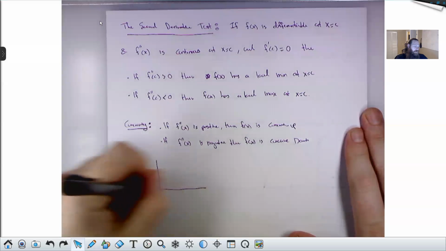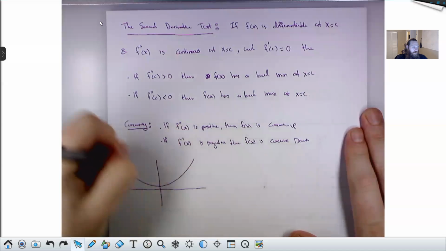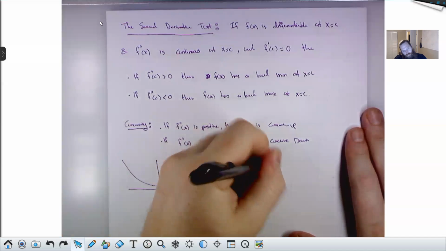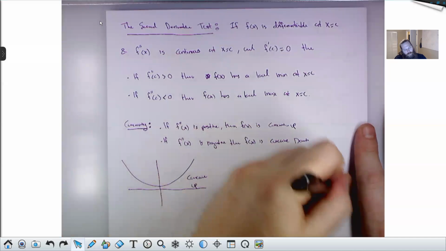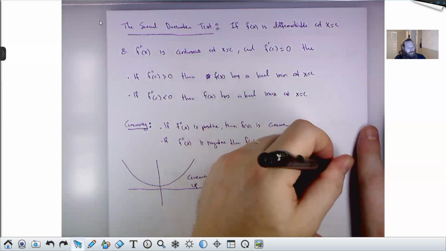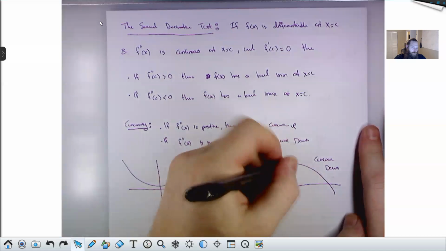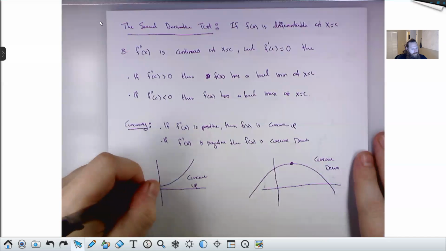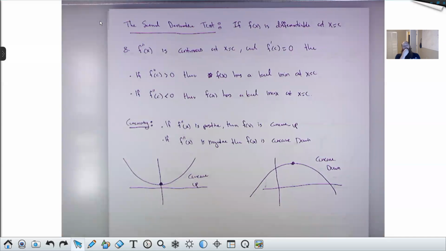Concave up stuff holds water. Concave down stuff, water would run off the back. So if you have a critical number at a place where you are concave down, i.e. if f double prime is negative, then that's going to be a local max. And if you have a critical number at a place where you're concave up, then that's going to be a local min. So the second derivative test can be visualized this way.